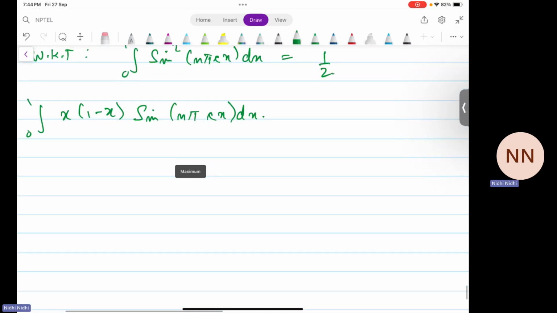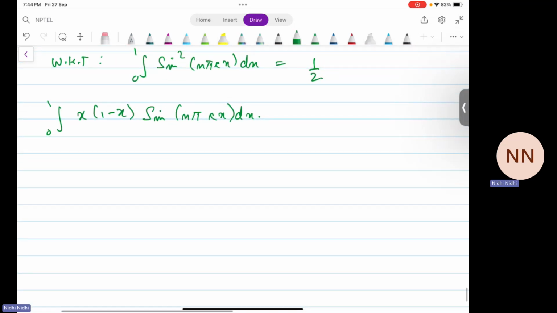Again, we'll be using integration by parts. So this is x minus x square as it is.